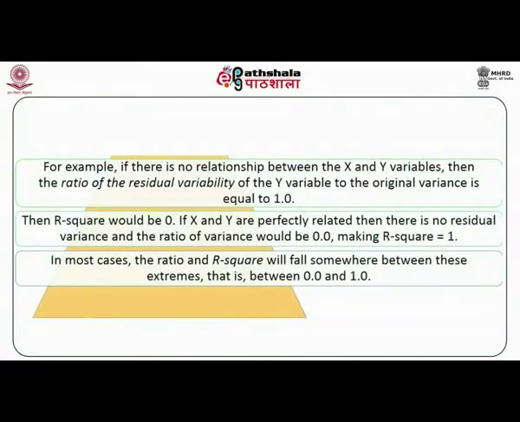This can be explained further. If the variables x and y do not share any relationship, the ratio of the residual variability to the variance would be 1. In this case, R square would be 0. Similarly, if the correlation between the two variables x and y is 1, that is a perfect relationship, then R square would be 1.